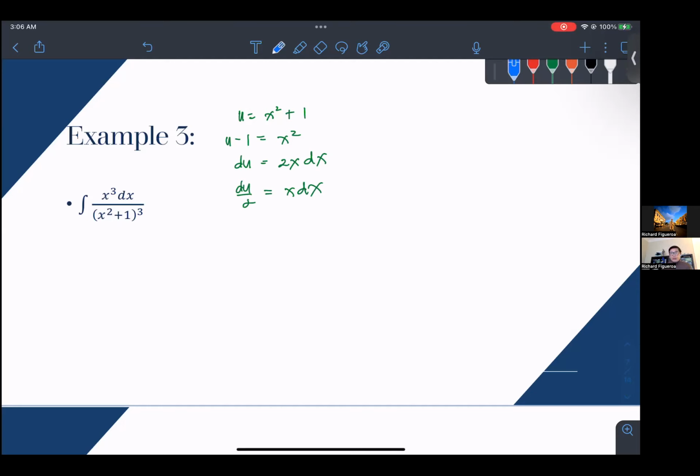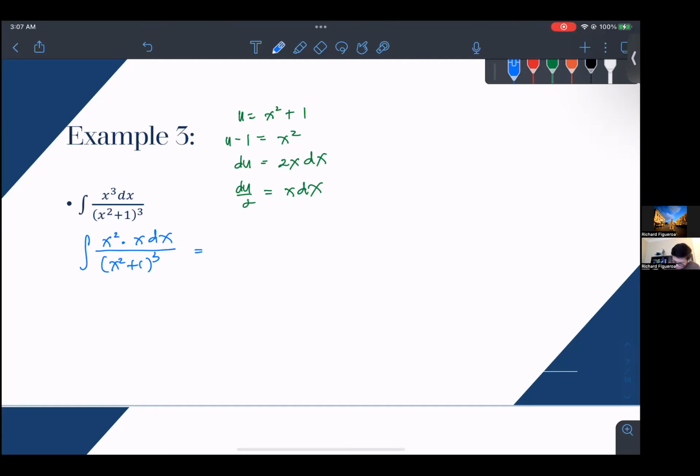So we do not include the exponent anymore unless it is a rational exponent. So the idea here is we want to make this one simpler. So say with this one, the x cubed, so we can have that as x squared, multiply it with x dx, and then divide it with x squared plus 1 raised to 3.